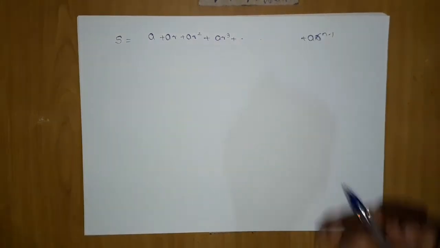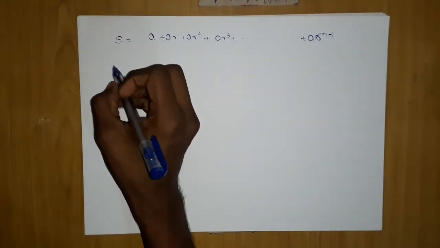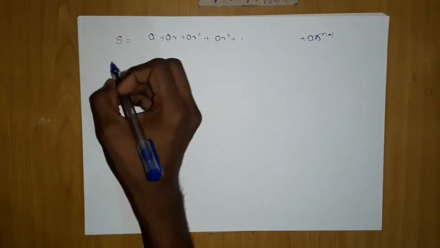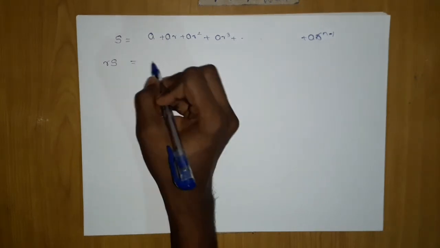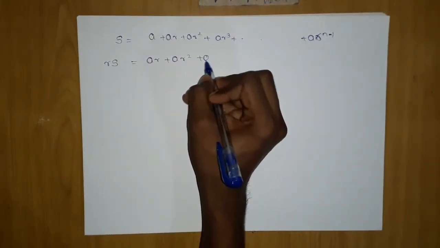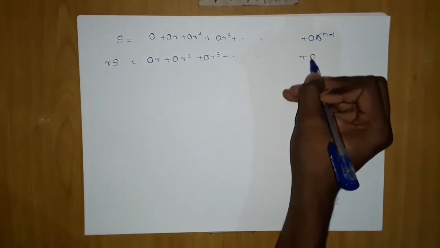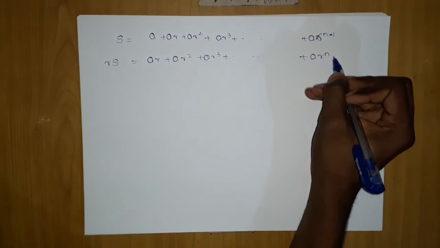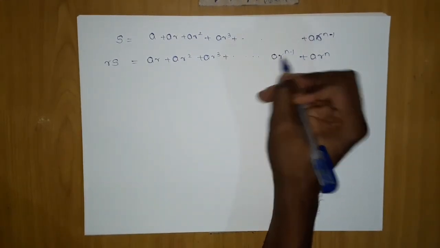You can take AR n plus 1, it doesn't matter, in the end the answer will be the same. If I multiply this S by R, I get R into S equals AR, AR square, AR cube, till the last term AR to the power n.